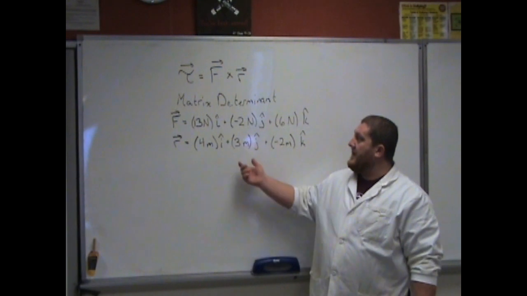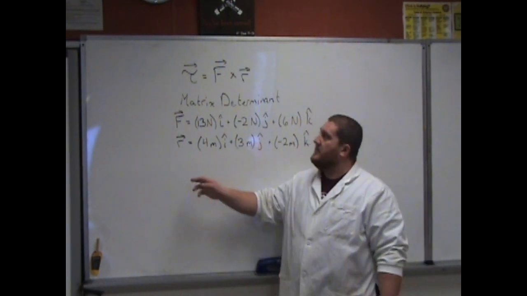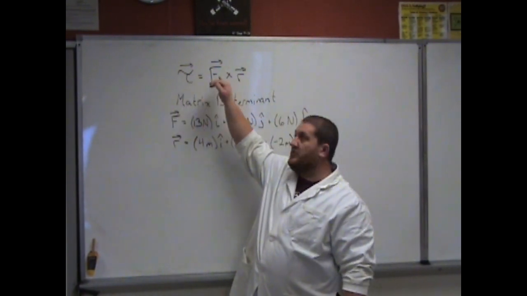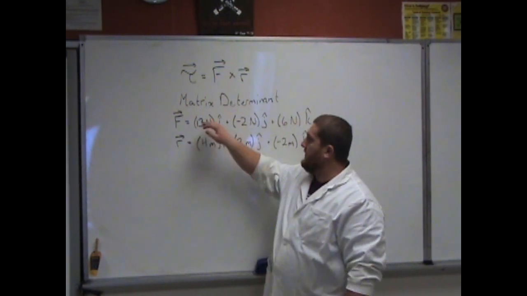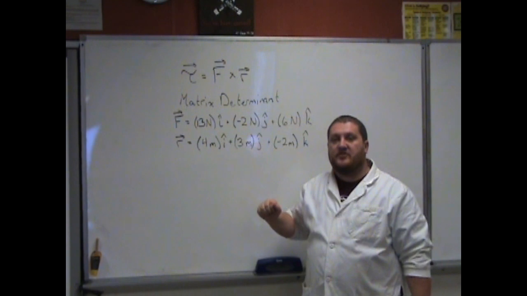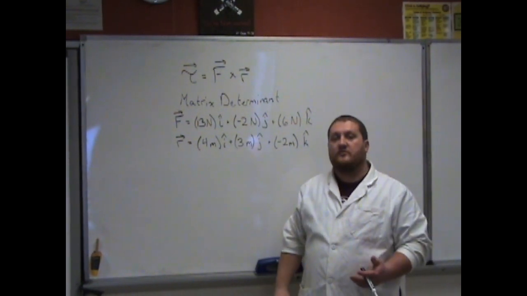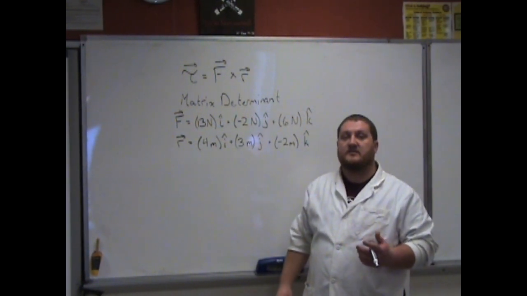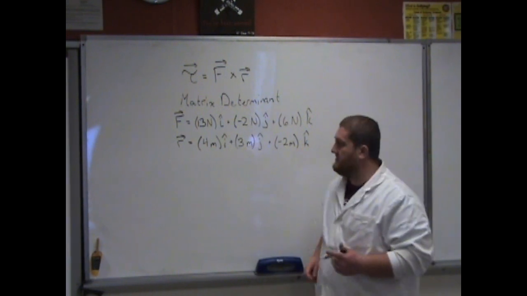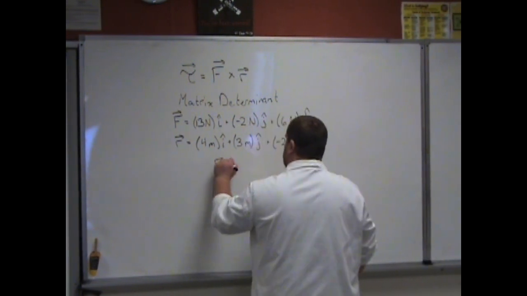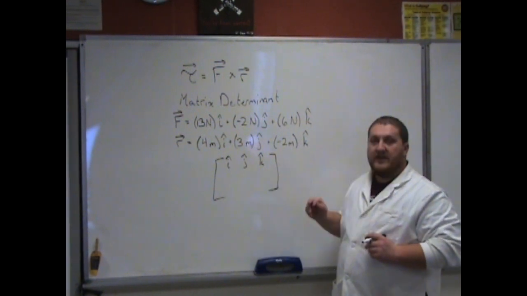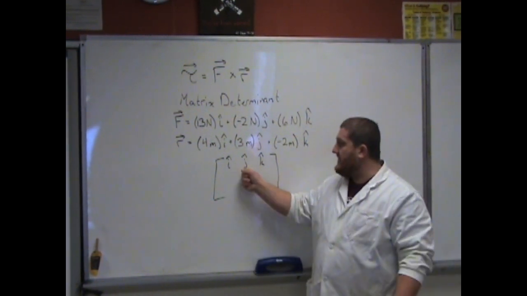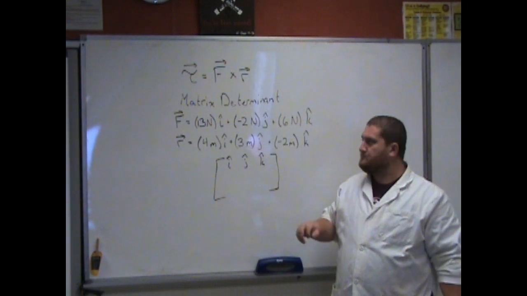Now let's take a look at a cross product. In this example, we have torque is equal to a force times the radius that it's acting over. We're going to do what we call a matrix determinant. In order to find the determinant of a matrix, we need to start with a 3x3 matrix. The first row of my matrix will be my unit vectors, i hat, j hat, and k hat.